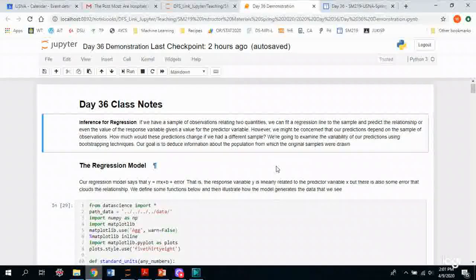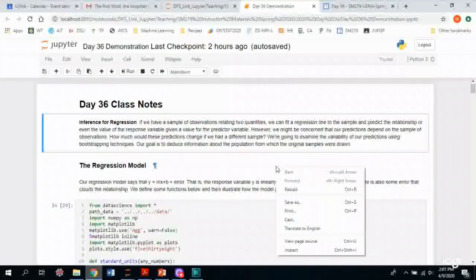However, you might be concerned that our predictions depend on the sample that we start with, and they do. So you might ask, how much would these predictions change if we had a different sample? If you had a different sample, how would your regression line change? We're going to examine the variability of our predictions using bootstrapping techniques. Our goal is to deduce information about the population from which the original samples were drawn.